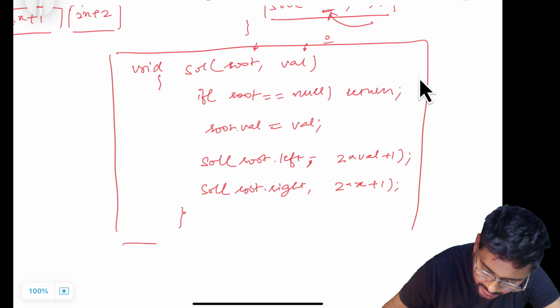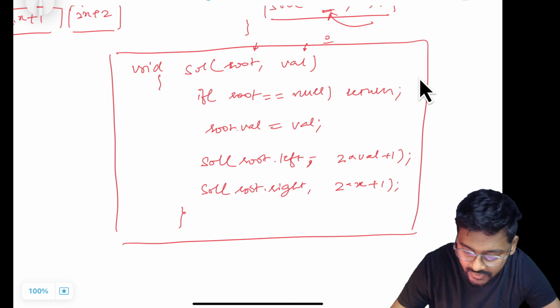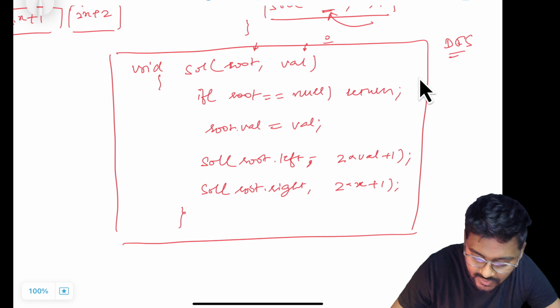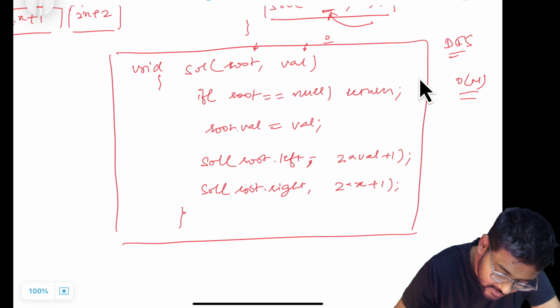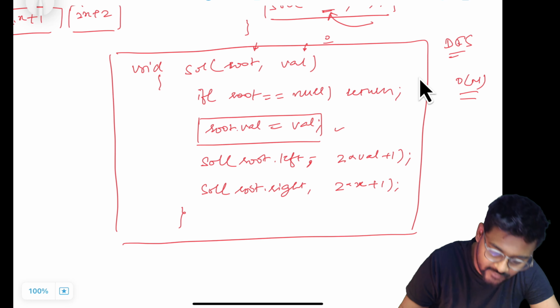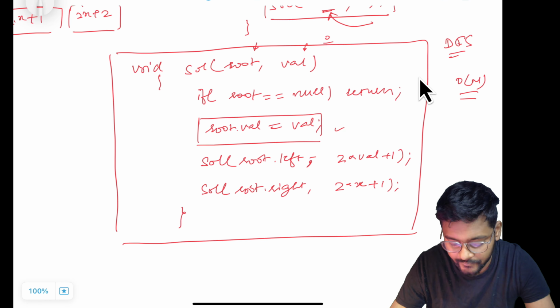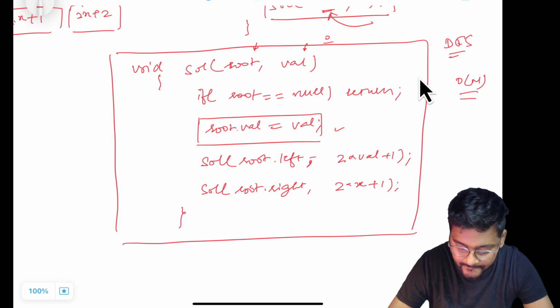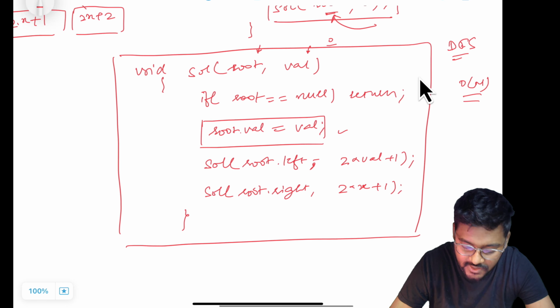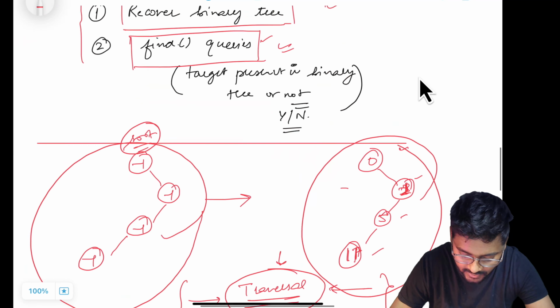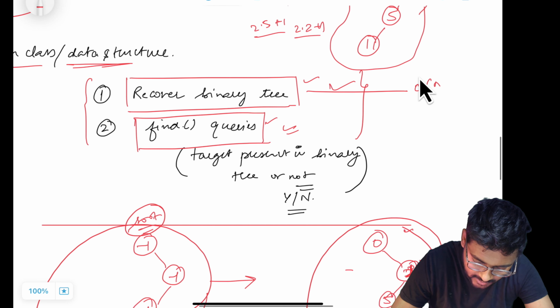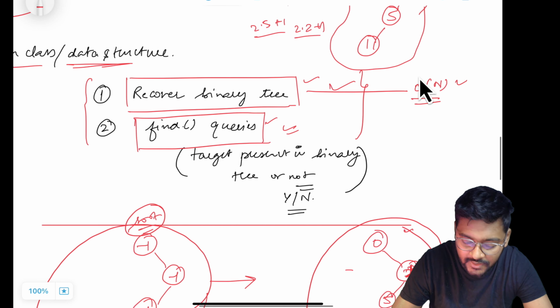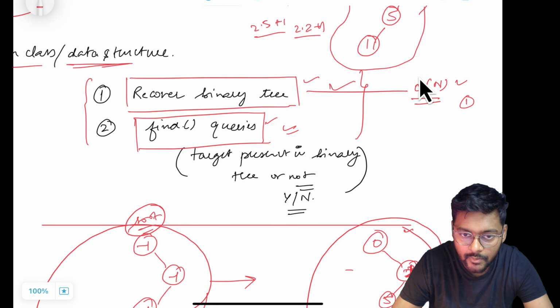We have done the binary tree traversal using DFS, and this traversal is going to take order of n time, but while doing the traversal it is going to assign the exact value to the current node, right? Now that's all. We just have recovered the binary tree, and we were expected to have two steps: recovering the binary tree took order of n time, and definitely it is going to be only a one-time operation.